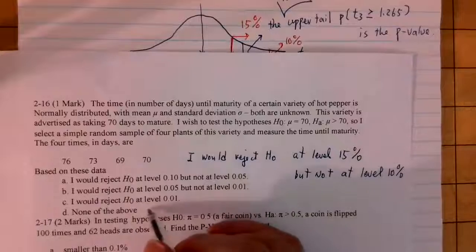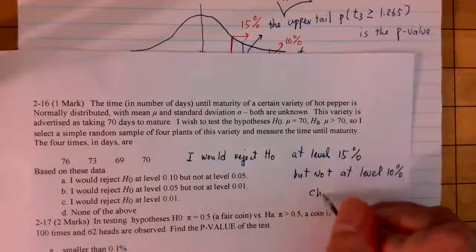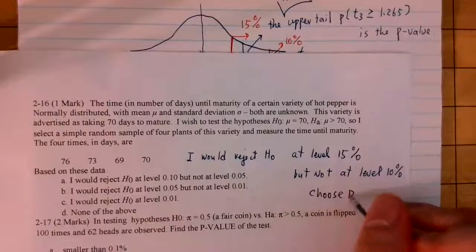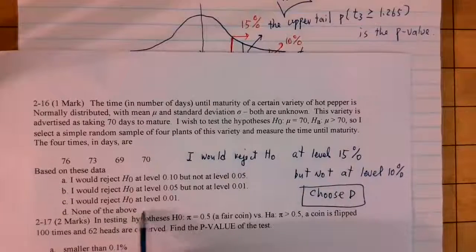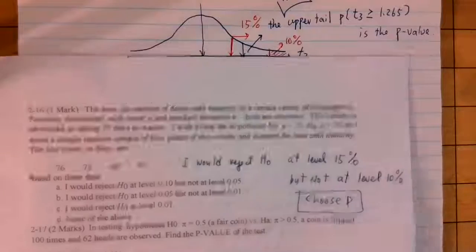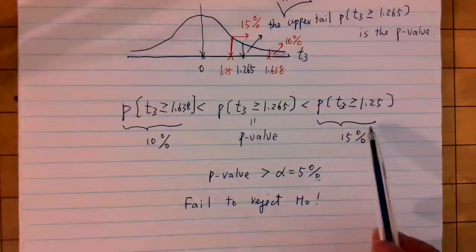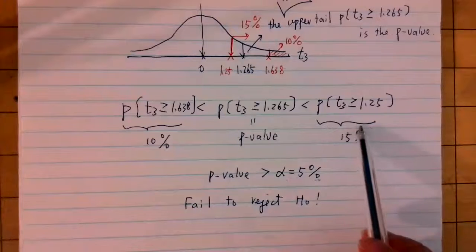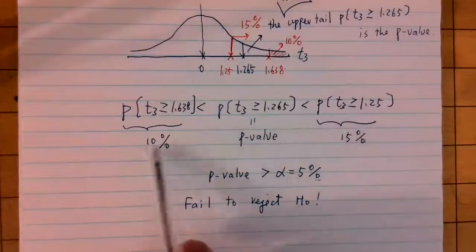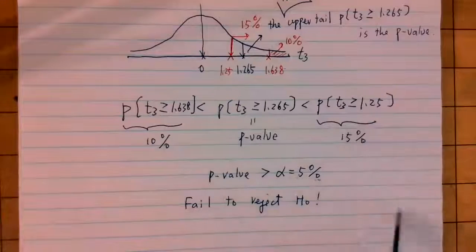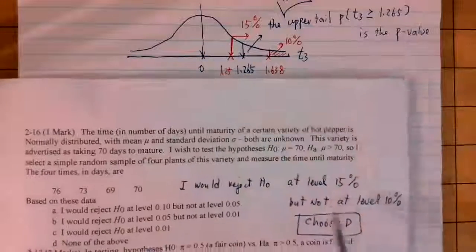So the answer should be D, none of the above. The p-value is less than 15%, so you reject at 15%, but you don't reject at 10%, because the p-value is bigger than 10%. This is the answer.